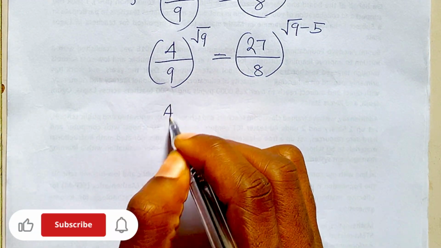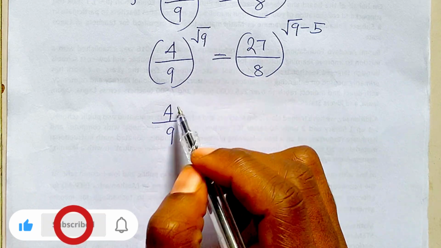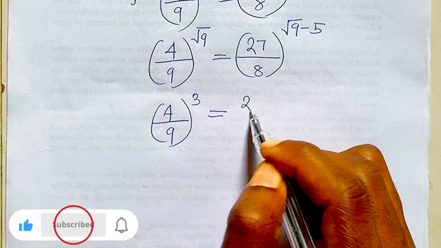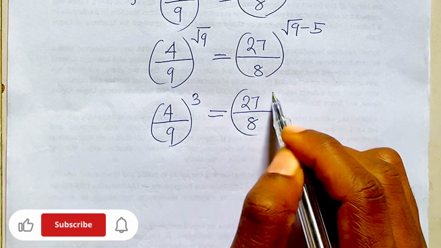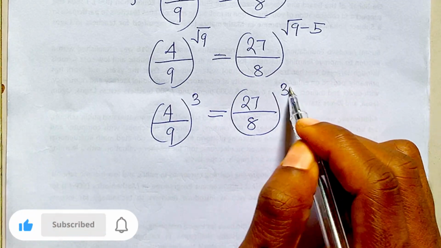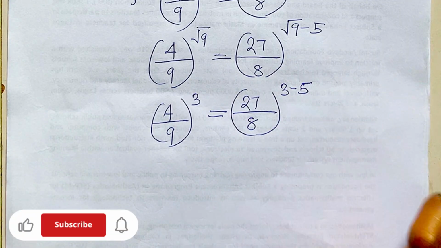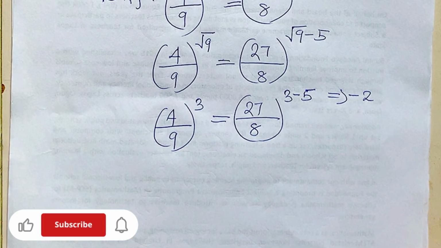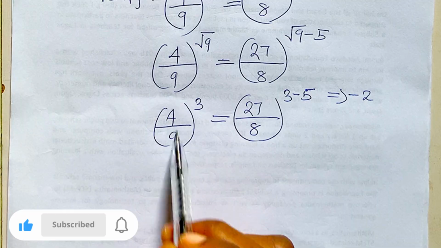This is (4/9), and √9 is going to give us 3, equal to 27 over 8, and √9 will give us 3 minus 5, which is going to be −2. Now, remember that these are perfect powers.